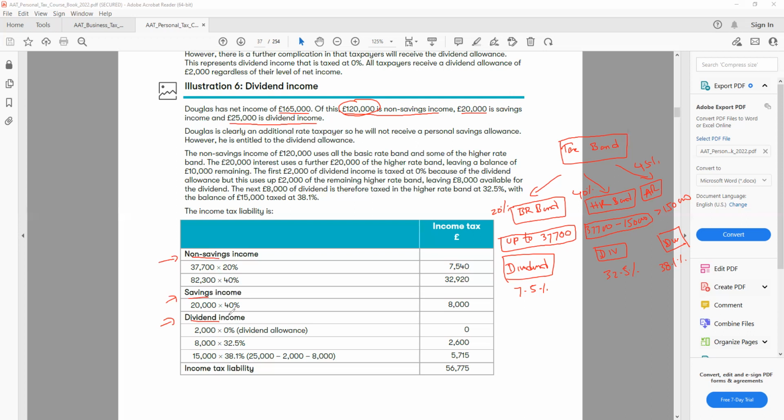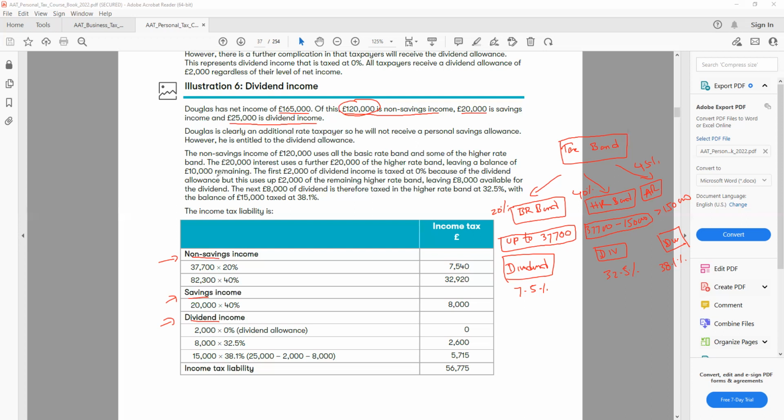Non-savings income represents our employment income, for example, our property income, any profit from trading. Savings income represents our interest income, and dividend income is the profit I'm getting from the shareholding.